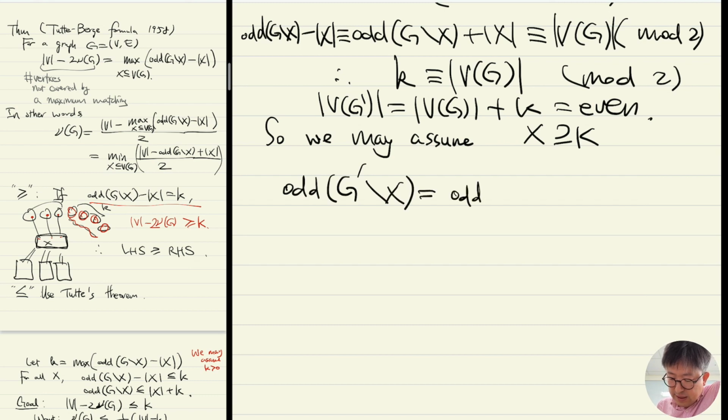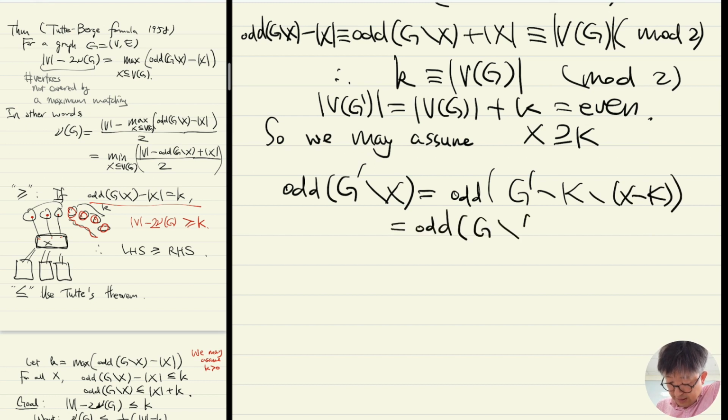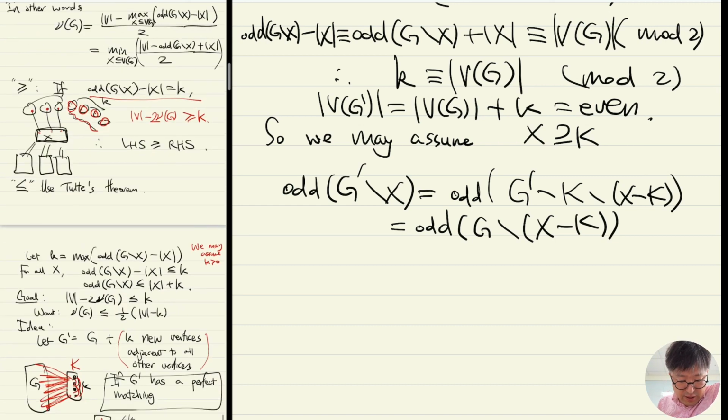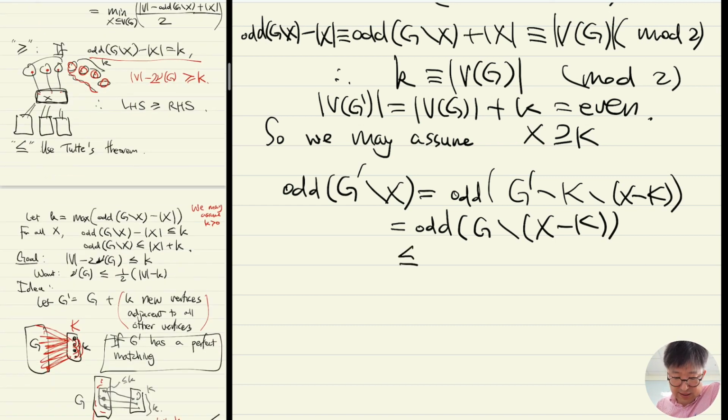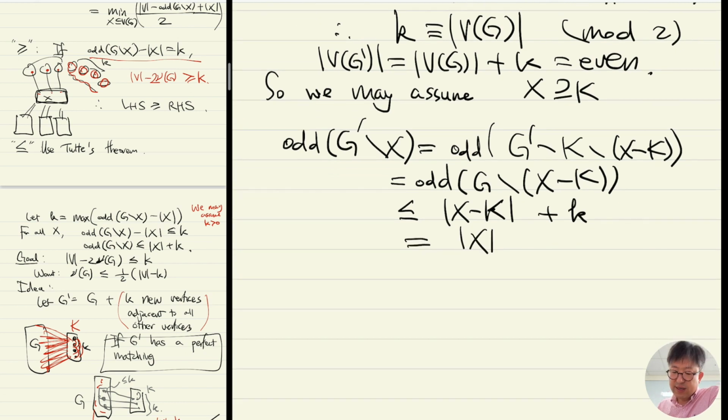That's the same as the number of odd components of G prime delete K and delete X minus K. But G prime delete K is nothing but G, and we are deleting X minus K. We are given the property that this is at most the size of X minus K plus K, but that's the same as the size of X. So we are satisfying the inequalities in Tutte's theorem.